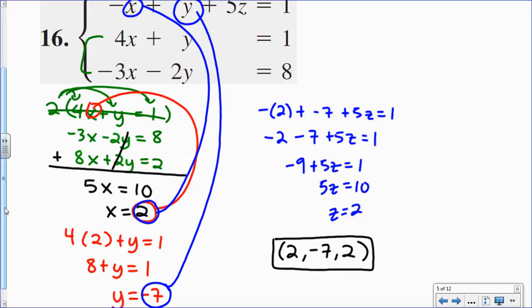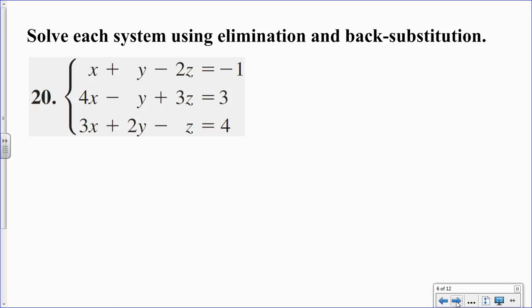Okay, so let's look at now when I have 3 equations and all 3 equations have 3 variables. So this will take a little bit of space. Okay, so keep that in mind as you're writing your notes. So I just need to focus in and I need to eliminate one variable at a time.